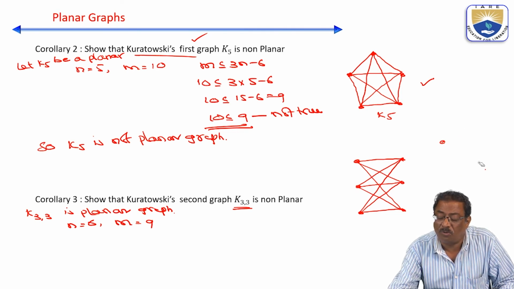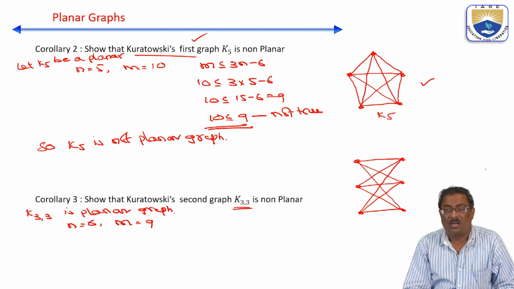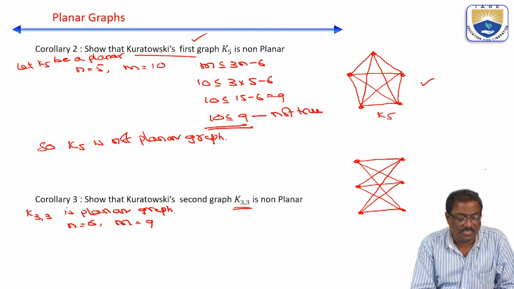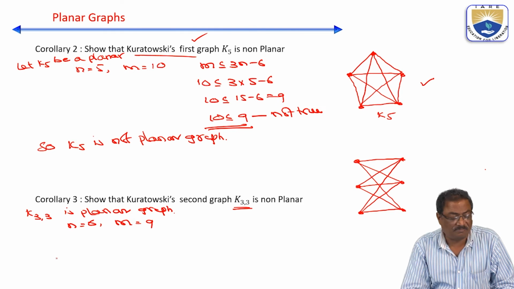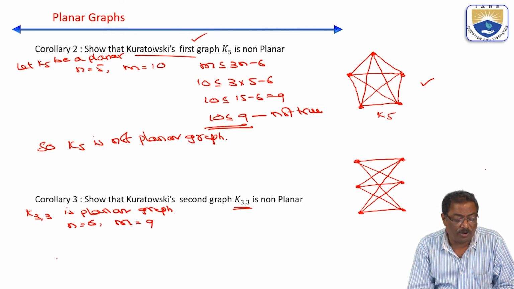So the region is formed by 4 edges. The minimum is 4, and if it is more than that, 4 is also possible. Now K33 has no triangles, so each region is bounded by at least 4 edges.